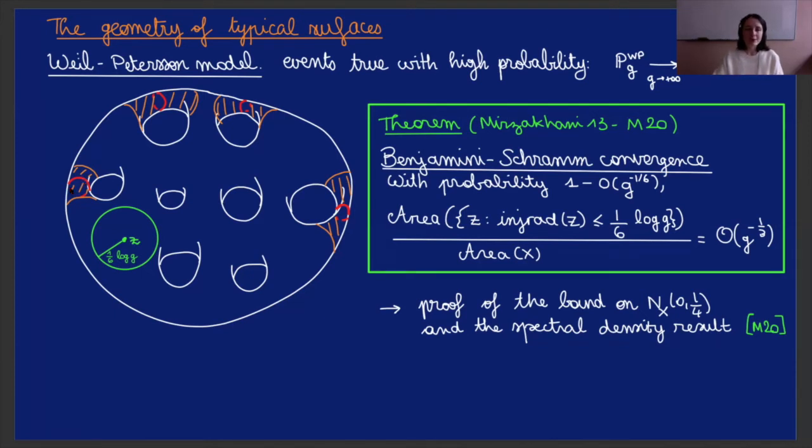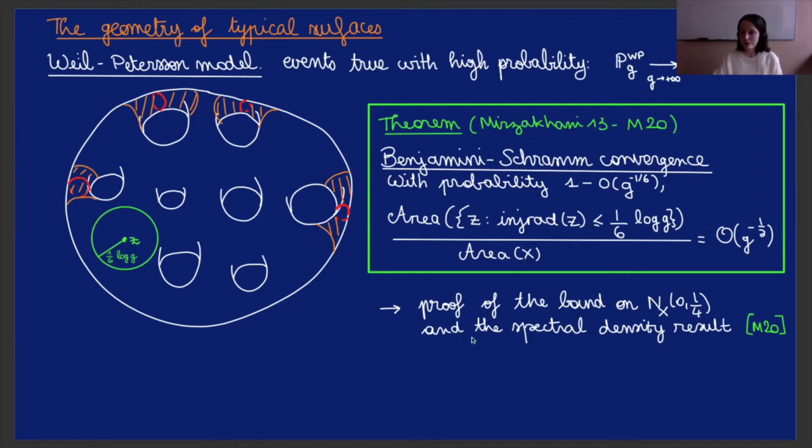So this set of bad points, which belong to a thin part of the surface where the injectivity radius is small, is negligible compared to the volume of the whole surface. So the volume of all these orange parts is negligible compared to the volume of the whole surface. There is a very little proportion of the surface which is thin.